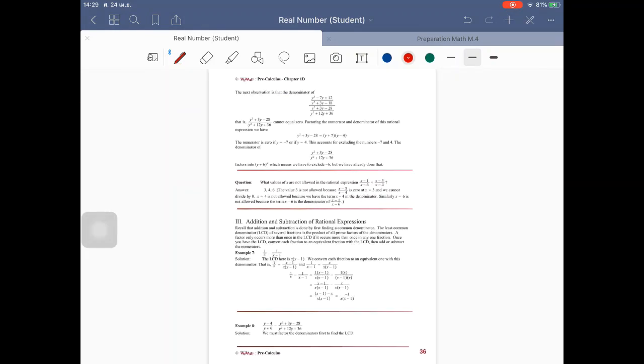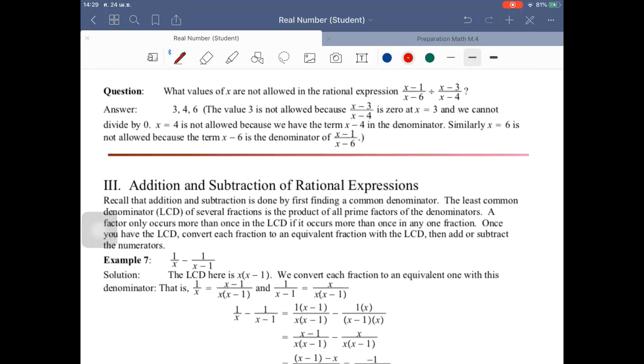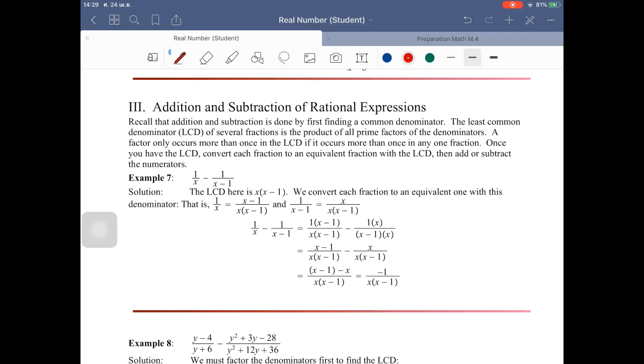Okay, continue. Next one is about addition and subtraction. This one is a bit difficult because when you want to add or subtract rational expressions, you need to make the denominators equal. You have to make the denominator the same before you add or subtract any terms.